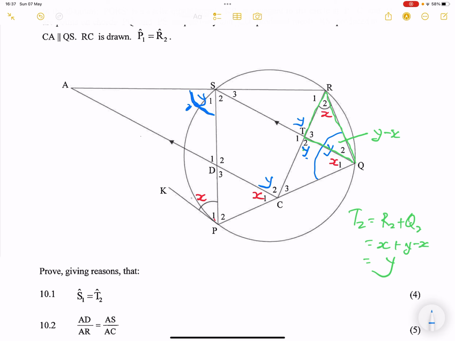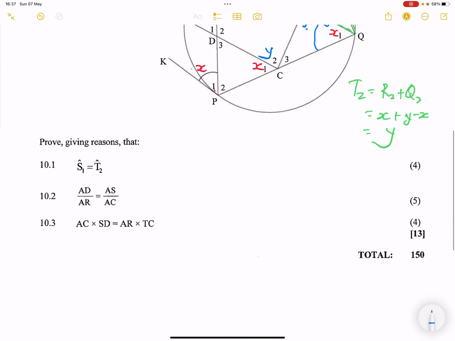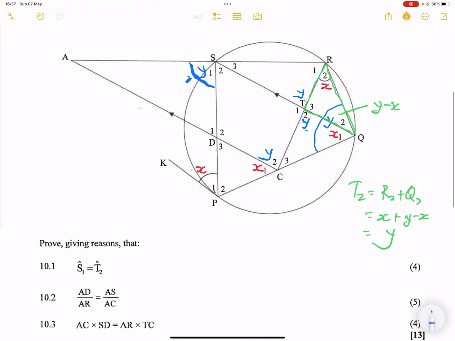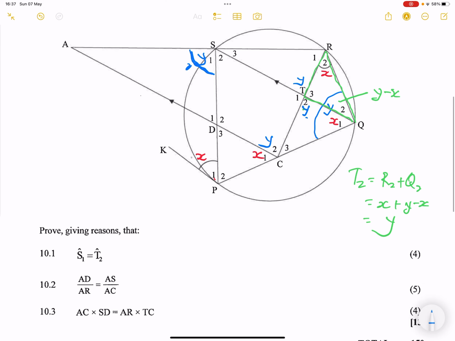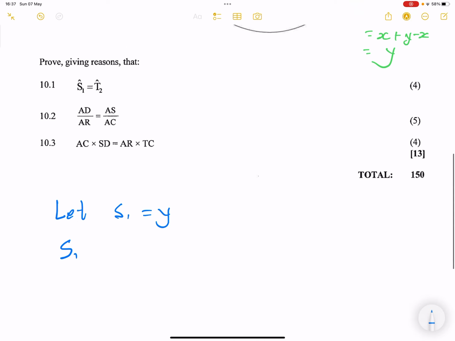Okay, so we've already done that somewhat, right? So we can say, well, let S1 actually be Y. S1 equal Y, right? So in this case, what we said is S1 is equal to Q1 plus Q2.